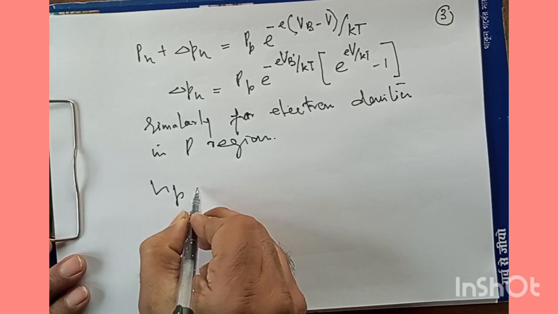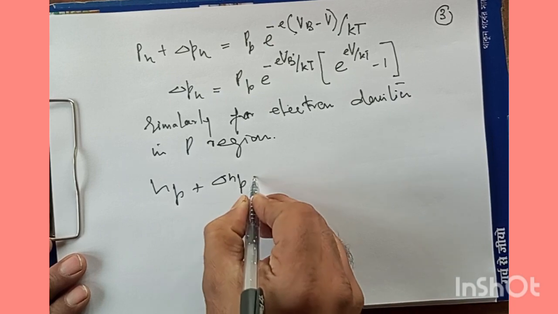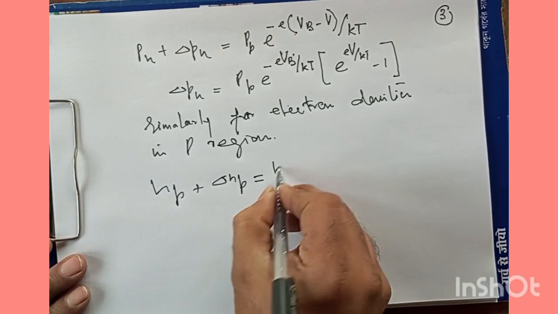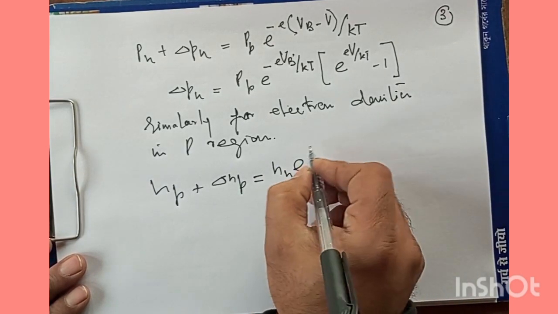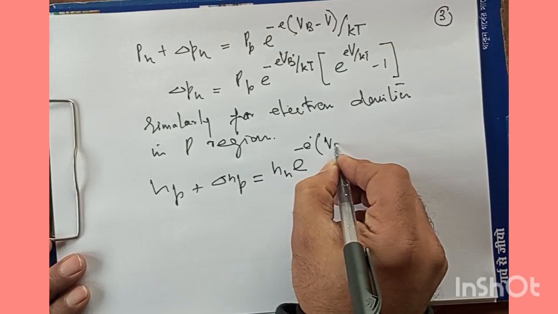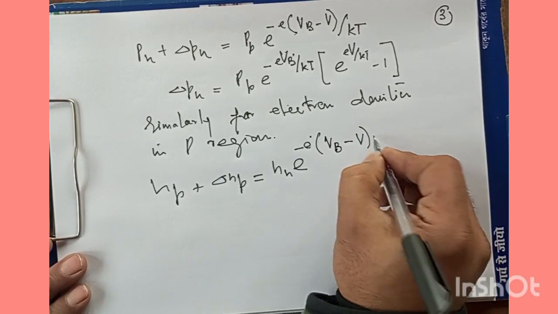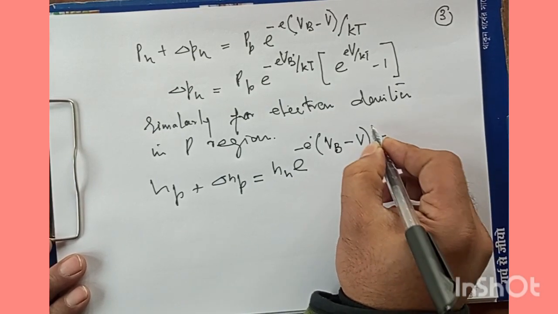It will be n of p plus delta n of p equal to n of n e to the power of minus e times (VB minus V) by KT.